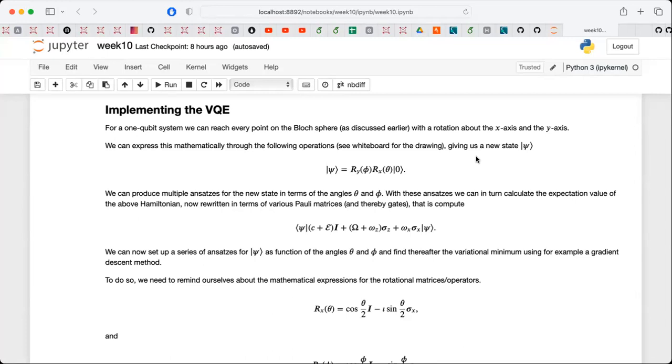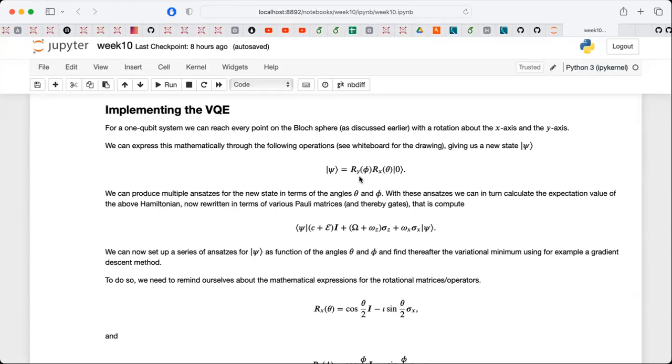So to recapitulate what we discussed before the break, what we are doing now is to make an ansatz or trial wave function for the 1-qubit state, which lives on the Bloch sphere. And this is now based on a rotation around an arbitrary angle theta along the x-axis and an arbitrary angle phi along the y-axis. So this is a general representation of a qubit state.